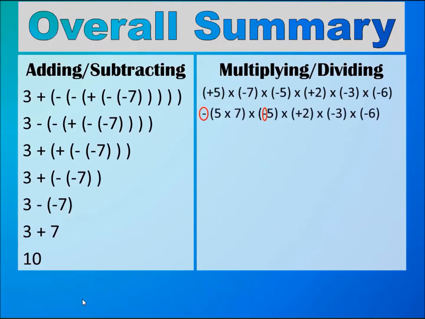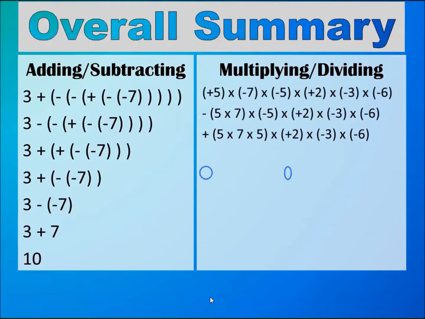Then we have negative, negative. You can think that same signs means to do positive, or you can think that the second sign is negative, which means to do the opposite of the first sign, and the opposite of negative is positive.